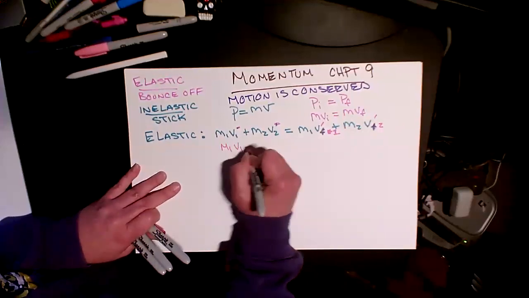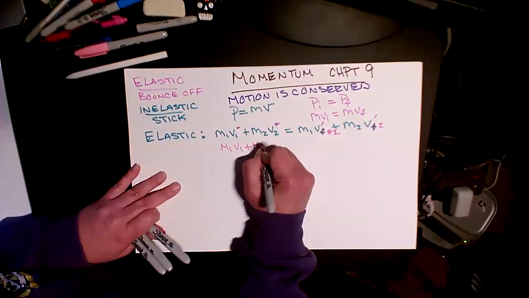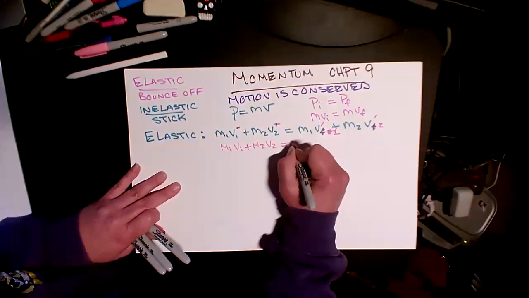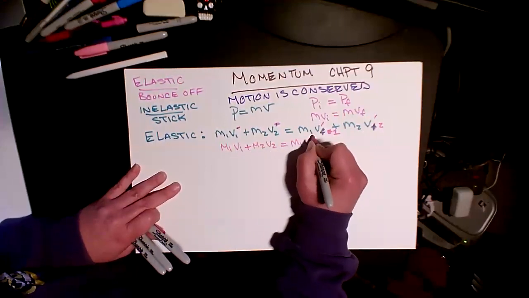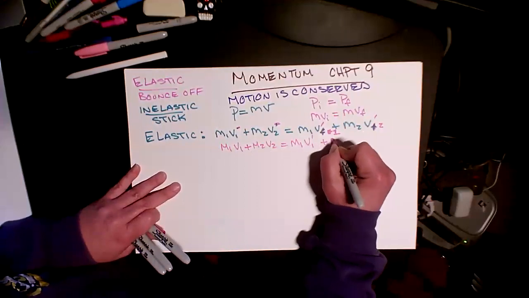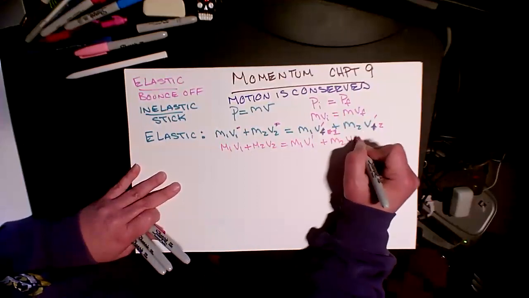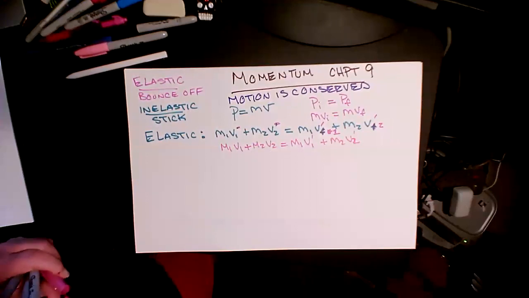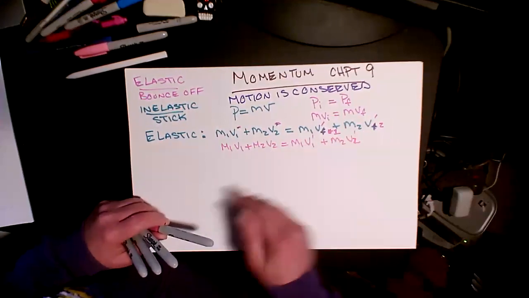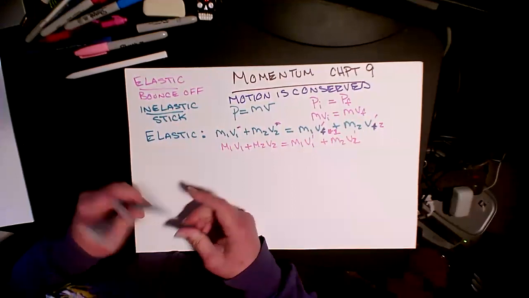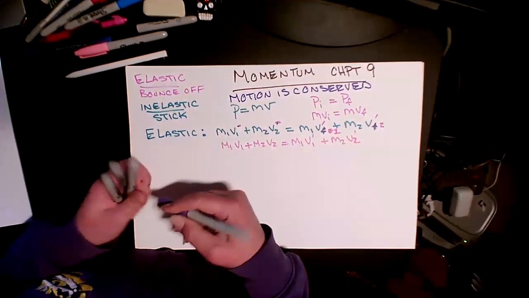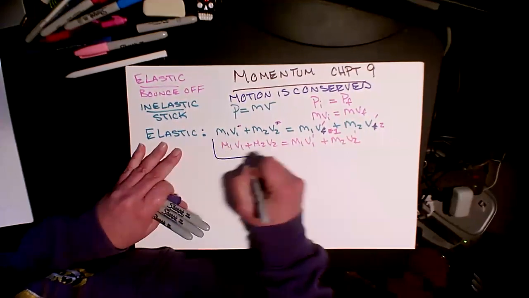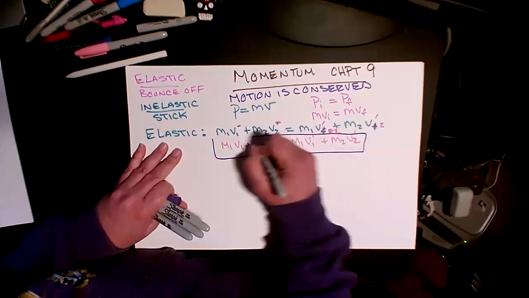Mass 1 V1 plus mass 2 V2 equals mass 1 V prime 1 plus mass 2 V prime 2. There. And that is why we use the primes, so this doesn't get confusing. So this is conservation of momentum for an elastic collision.